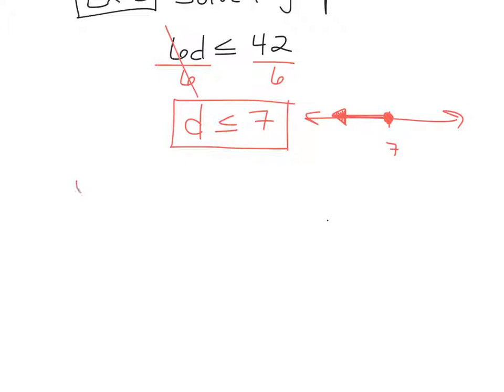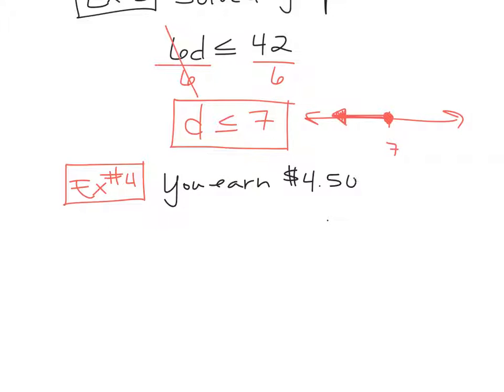All right, next example. This one's a word problem, so we're going to see if you can help me set it up. It says, you walk dogs after school. We're not going to write that part out. You earn $4.50 per dog that you walk. Okay.